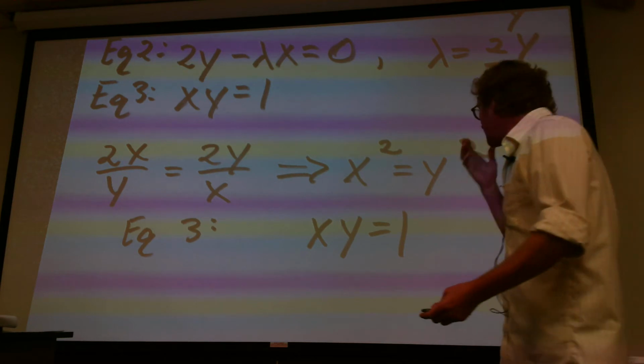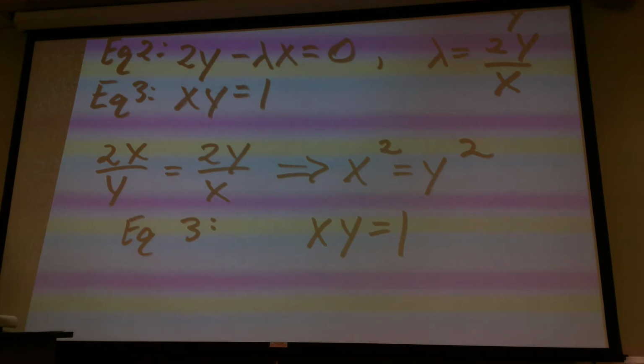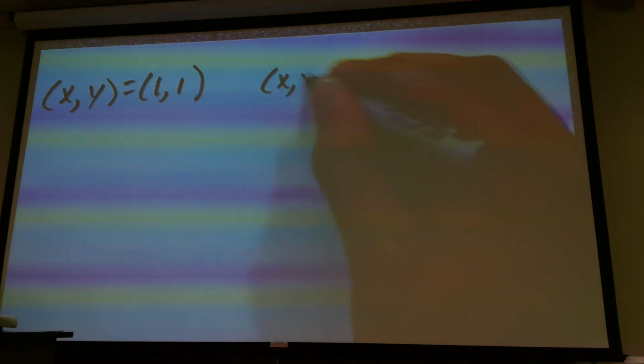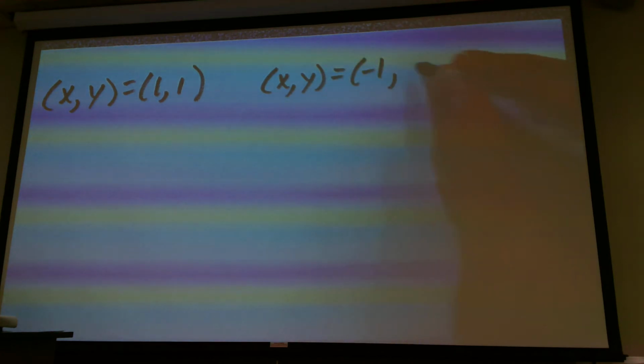So what are the points that will really satisfy this? There are only 2 points that will satisfy this: (x, y) equals (1, 1) and (x, y) equals (-1, -1).